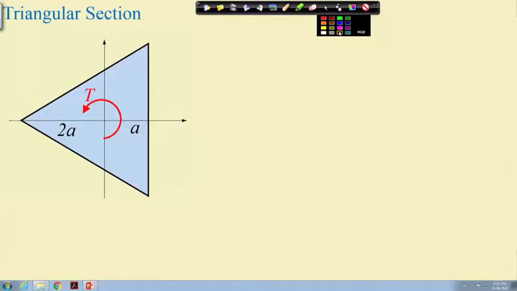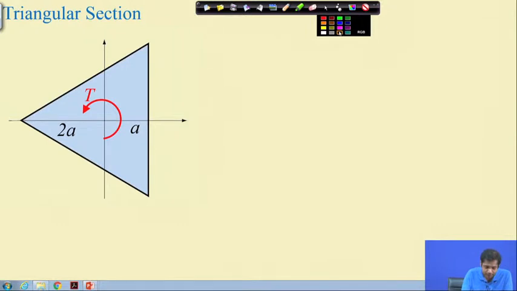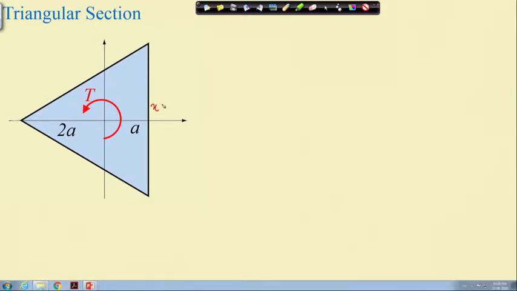Now, since it has three parts, these three lines have three different equations. So, what is the equation of this line? The equation of this line is x minus a is equal to 0.